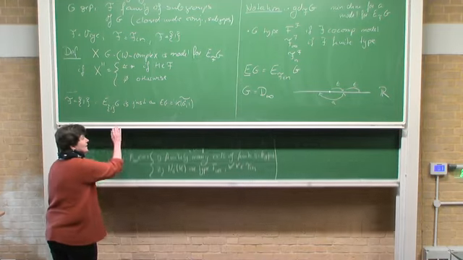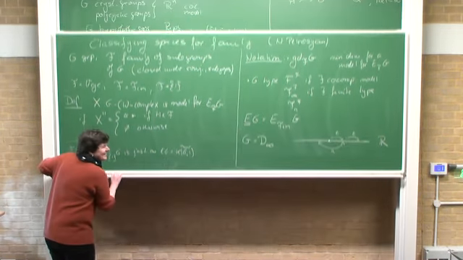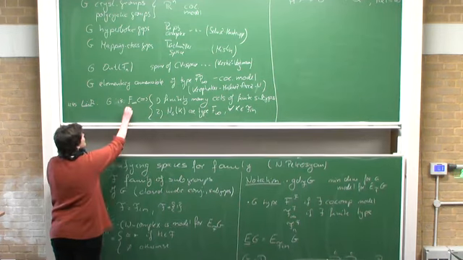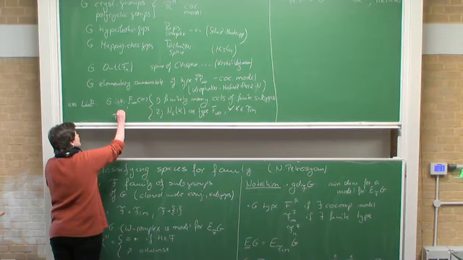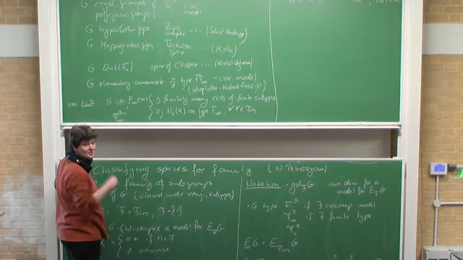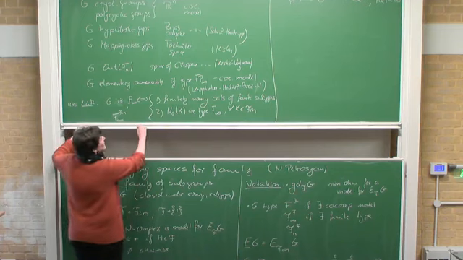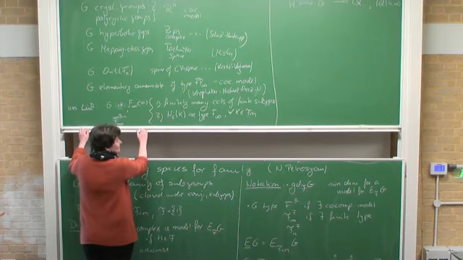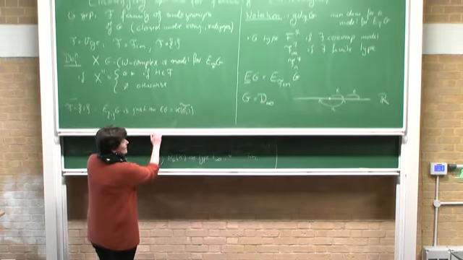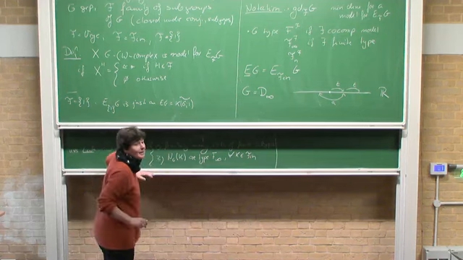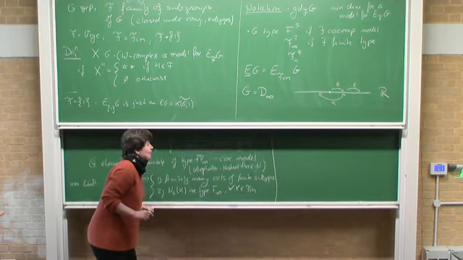I was being lazy. Sorry. So this is the same as saying F fin infinity. Okay. So necessarily the group has to be of type F bar infinity or F infinity.